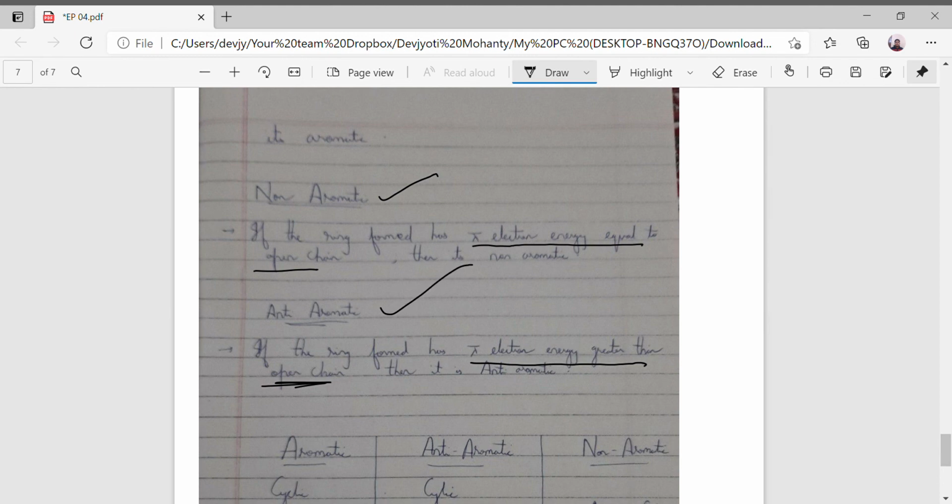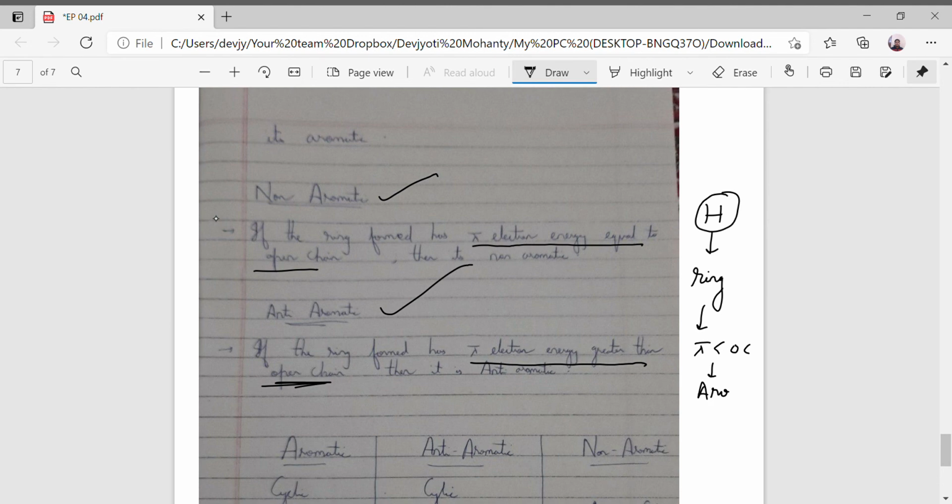So what we knew: if the remaining hydrogen at the end of the chain together forms a ring in which the pi electron energy is less than that of the open chain, then it is aromatic.